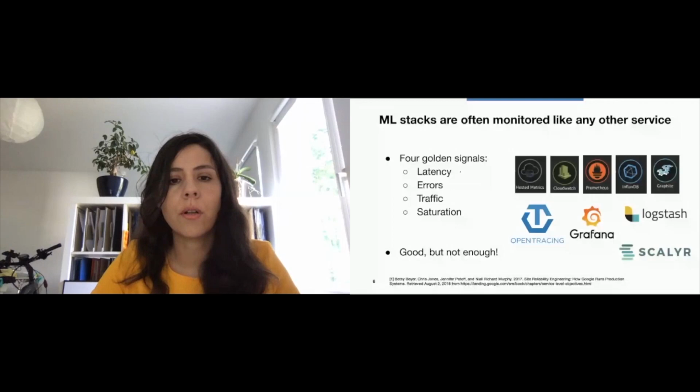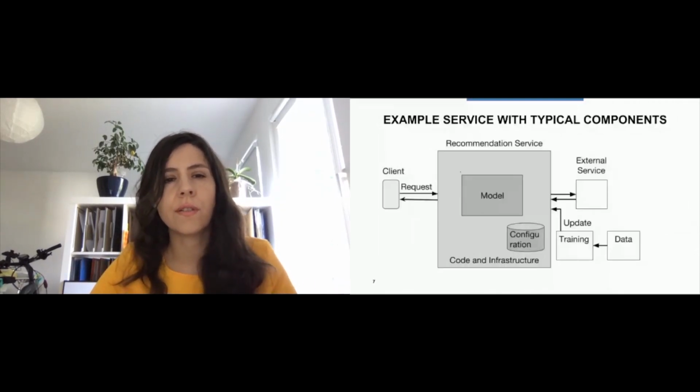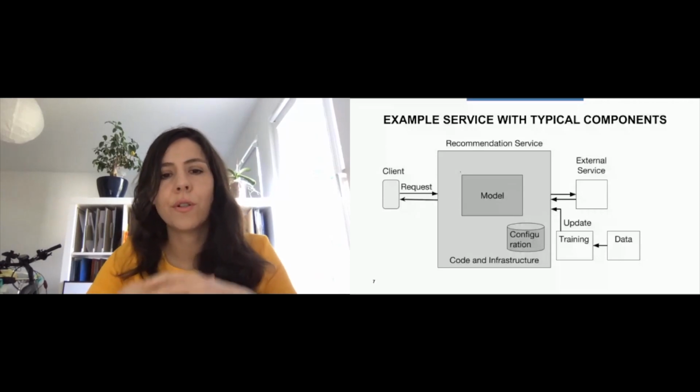There are additional problems that can occur in a machine learning stack, and I will show you now what can happen. To illustrate the problems, I gave you an example service here. This is how many ML services could be considered. Just bear with me, I'll walk you through the components.